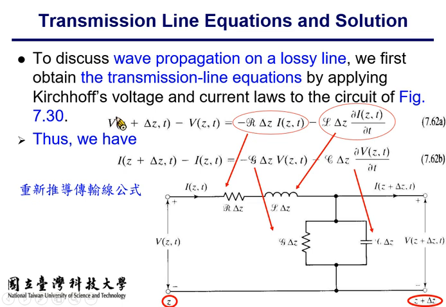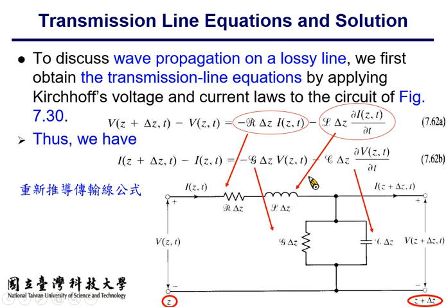So if you subtract V at position z plus delta z by V at the left-hand side, that is V at position z, it equals minus R times delta z, that is the resistance of this section, times the current on it, because this is a simple resistor. So the voltage difference will be the product of the resistance and the current.